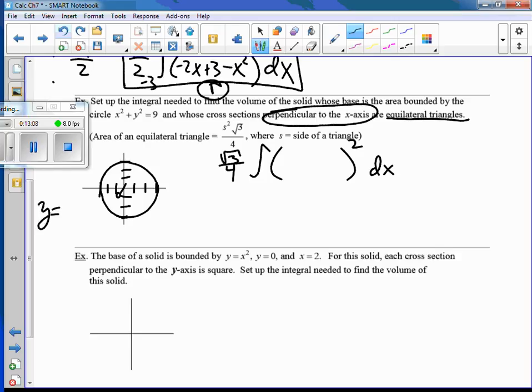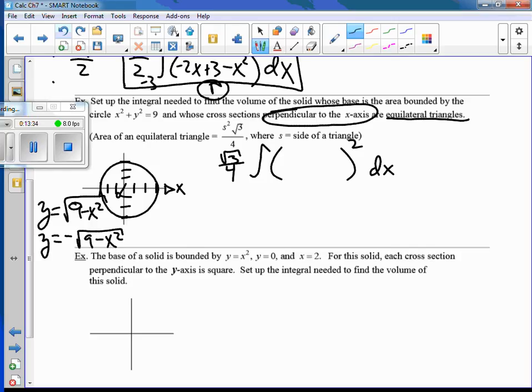If you solve for y, you get the square root of 9 minus x squared. But that equation will only give you the top half, what's above the x-axis. We need the bottom part. The bottom part is the same equation but with a negative right in front.